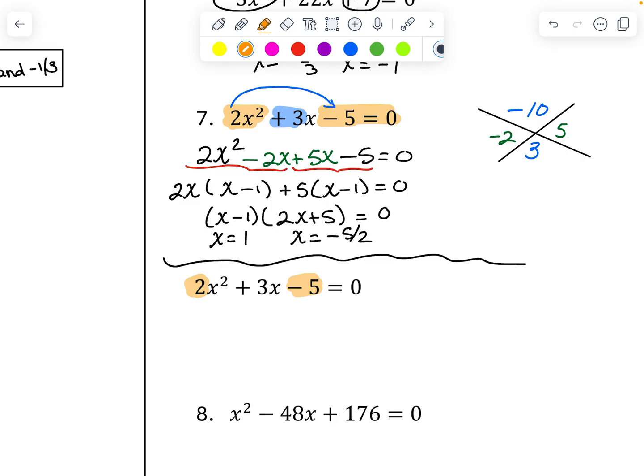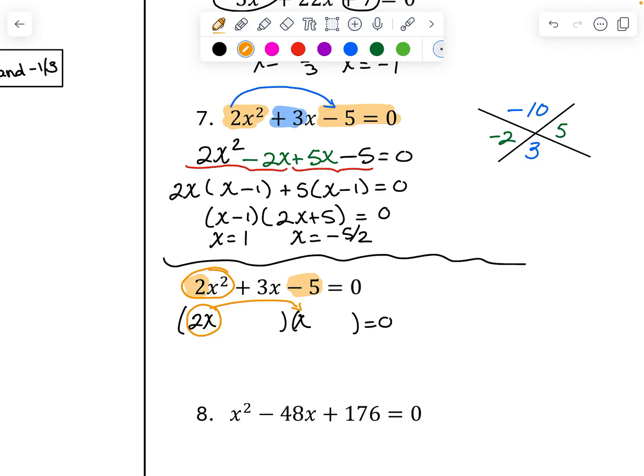If those are prime numbers or numbers with very few factors, you know if 2x squared is in the first term, then one of these has to be 2x and one of these has to be x. Because when you multiply them together, they have to equal 2x squared.